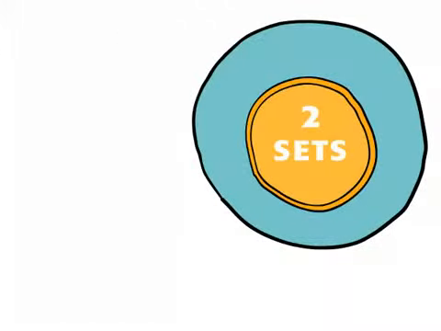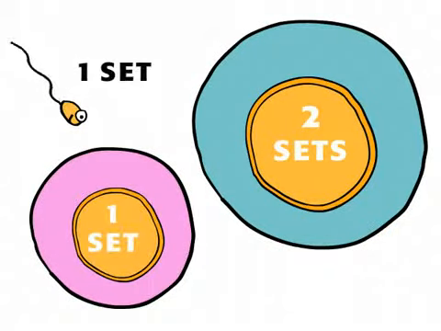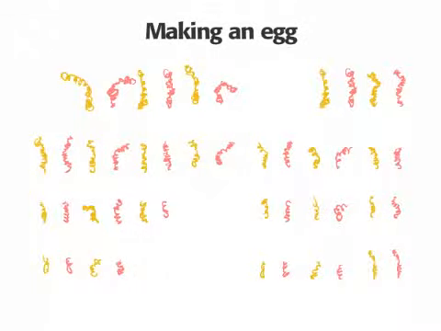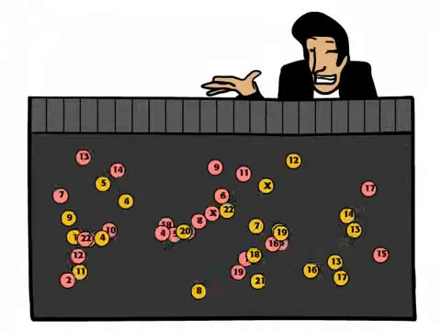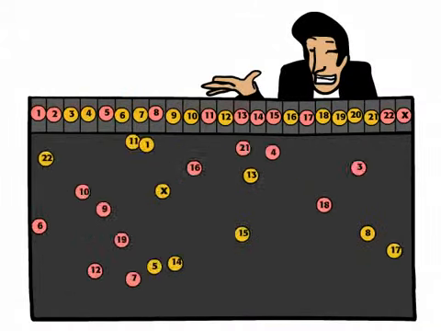Most adult cells contain 2 sets of chromosomes, but sperm and egg cells have only 1 set of 23 chromosomes each. When the body forms sperm or egg cells, a cell divides and pairs of chromosomes separate. A random member of each pair moves into each new cell.